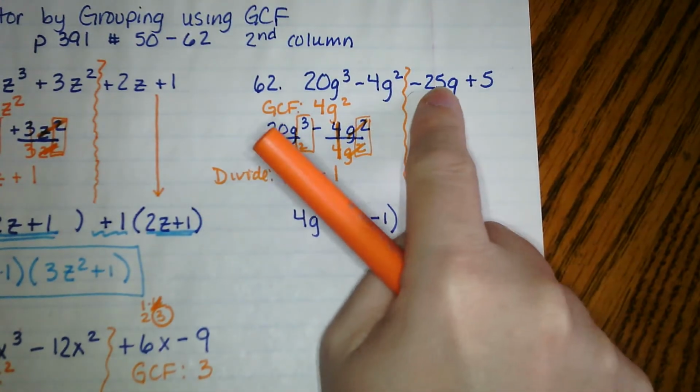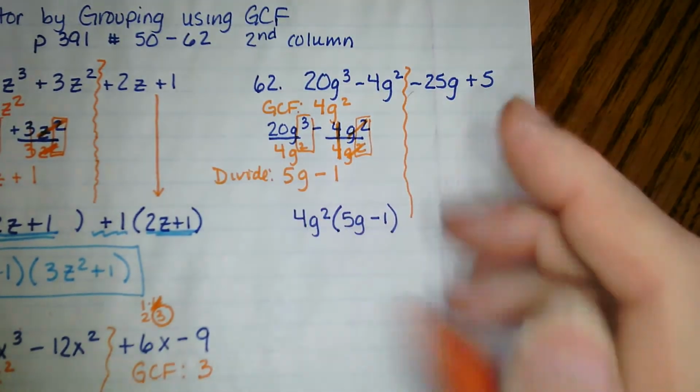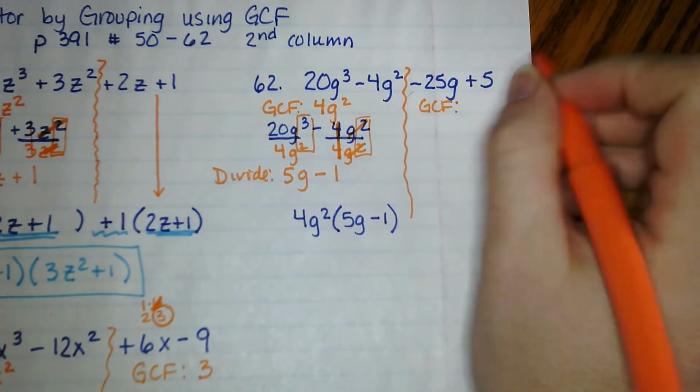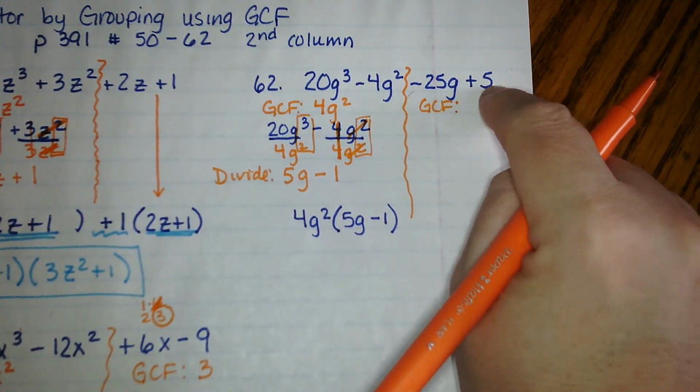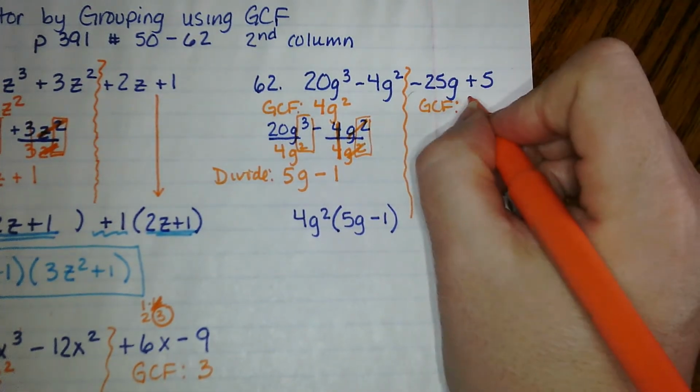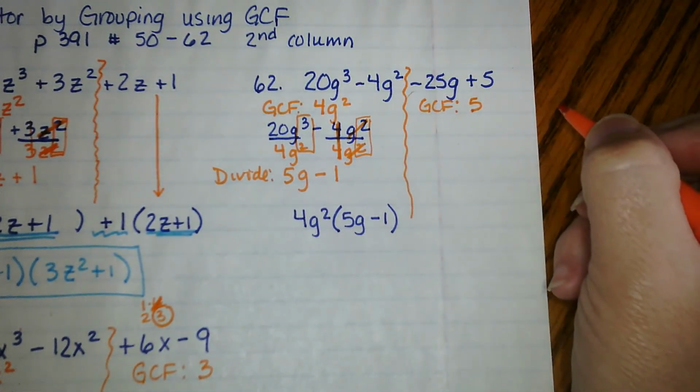On the right side, I'm looking at my GCF. The smaller number is 5. Does 25 divide by 5? Yes. So my GCF is 5.